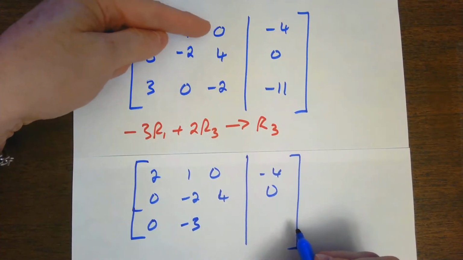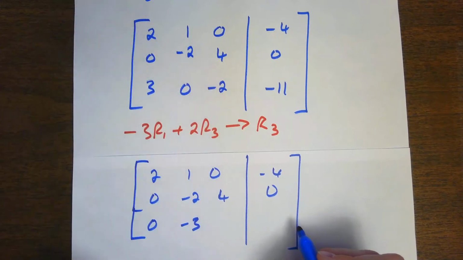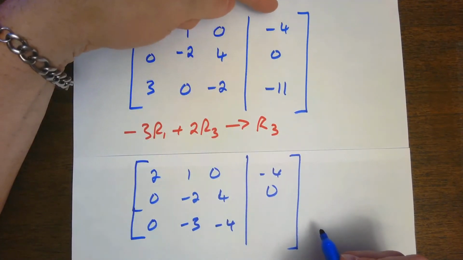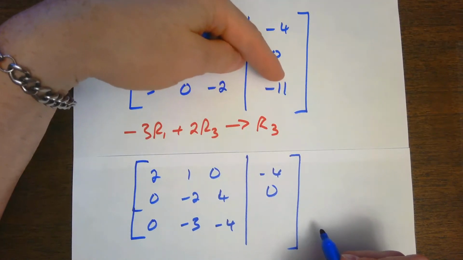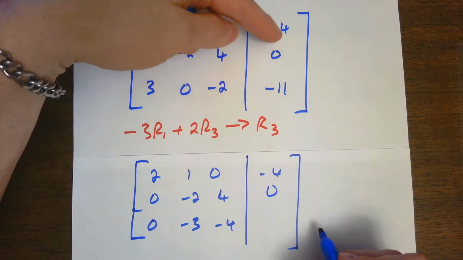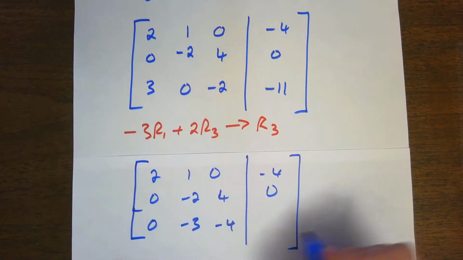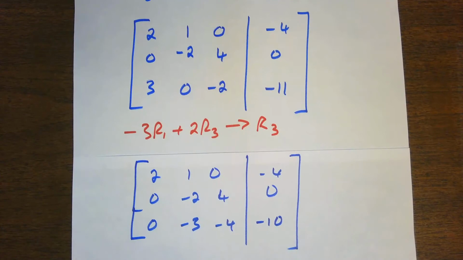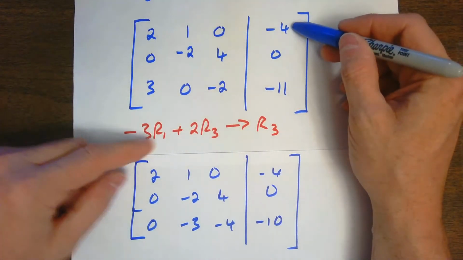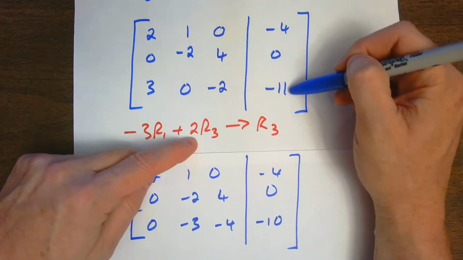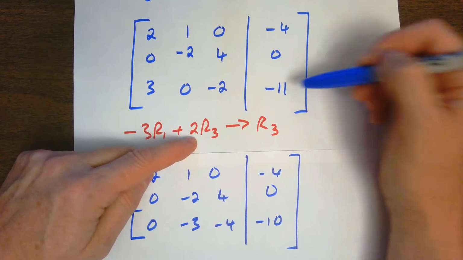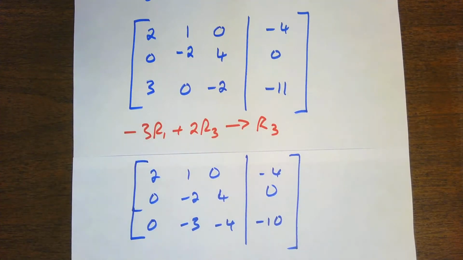Negative 3 times nothing is nothing. 2 times negative 2 is negative 4. 3 times negative 4 is positive 12. 2 times negative 11 is negative 22. Negative 22 and positive 12 gives me negative 10. Wait, did I do that last one right? Negative 3 times negative 4, that's 12. And negative 22, 12 minus 22, negative 10. Okay, yeah, got it.